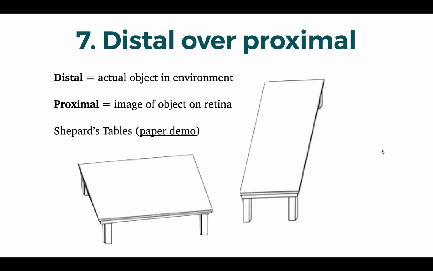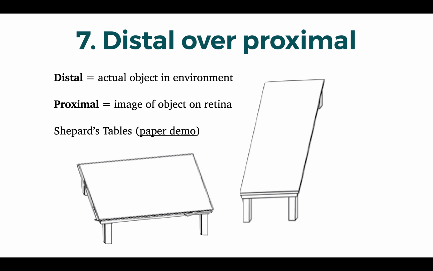These are the Shepard's tables. Imagine you walk into a room and you see two tables that look like this. These are very oddly presented tables. The tabletop is weird, the perspective is weird, the three-dimensional cues are sort of off a little bit. But they're different tables, at least they look different. But all I did was make a copy of the top of this table, cut it out just like with the checkerboard, flip it around, and put it on that table.